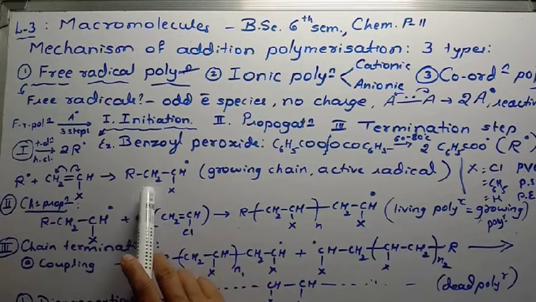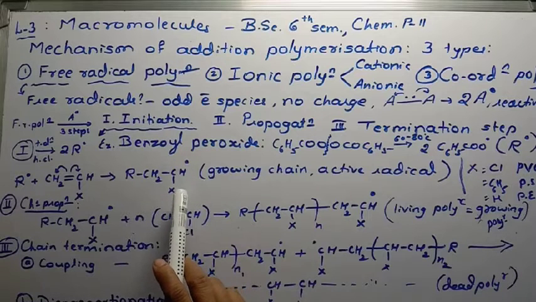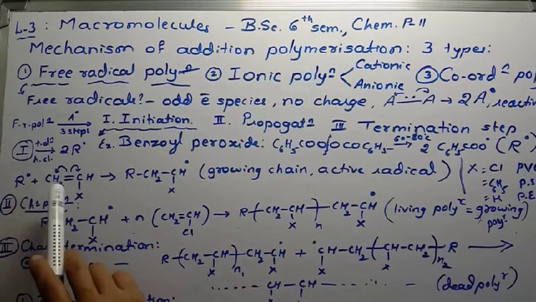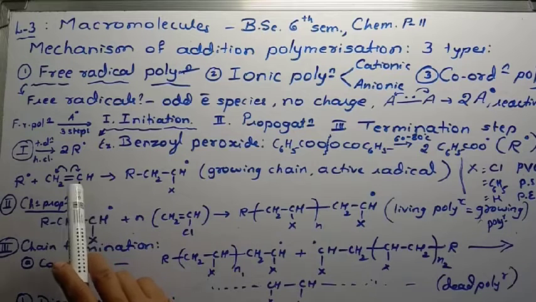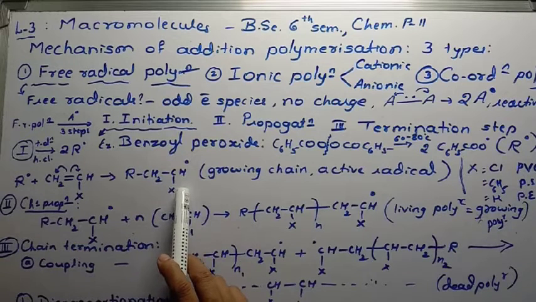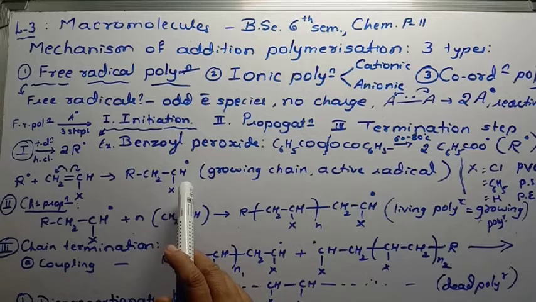The first step, whatever free radical is formed, the new one, that means the initiator, when it combines with one monomer, gives once again an active species, that is a free radical.